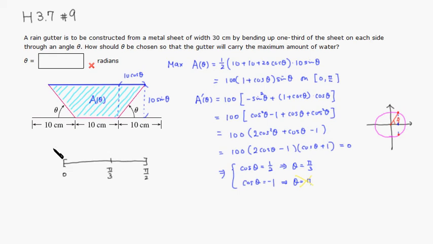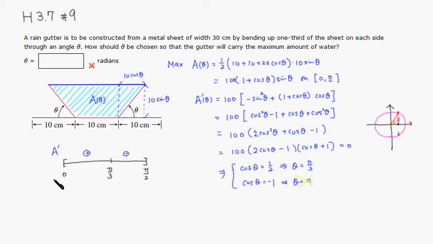If you look at A prime and plug in anything smaller than pi over 3, like pi over 6, the first factor is going to be positive and the cosine factor is going to be positive, so the derivative is positive here. After pi over 3, something a little bit bigger, that factor is going to be negative and the other is positive, so the derivative is negative.